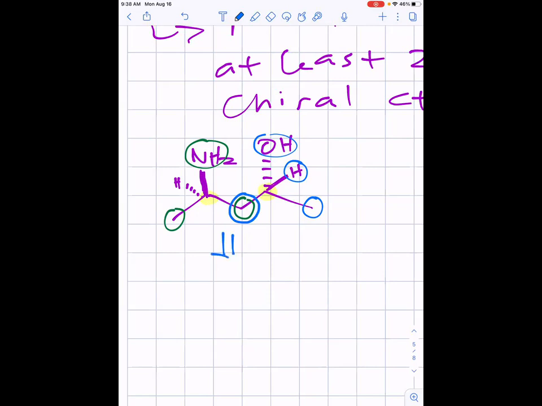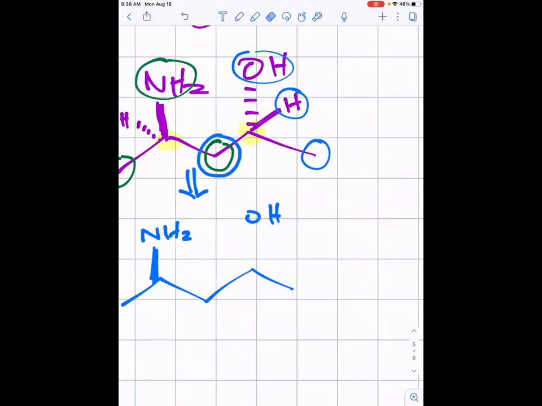So the diastereomer of this, I'm going to leave this how it is, and then I'm going to alter the OH. And I need to fix that little wedge. All right, are y'all following that?